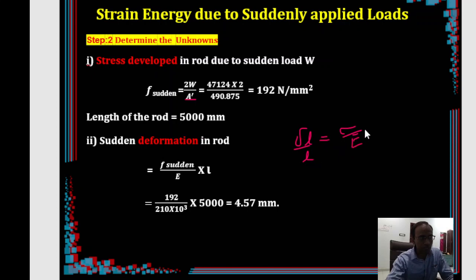So multiply this L and you will be getting your delta L as sigma by E times L. That's all about the calculation of the deformation in the rod. Okay.